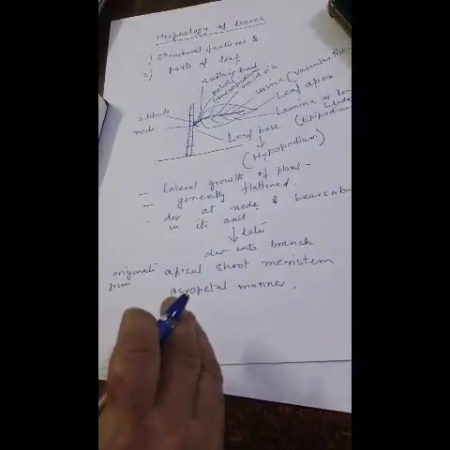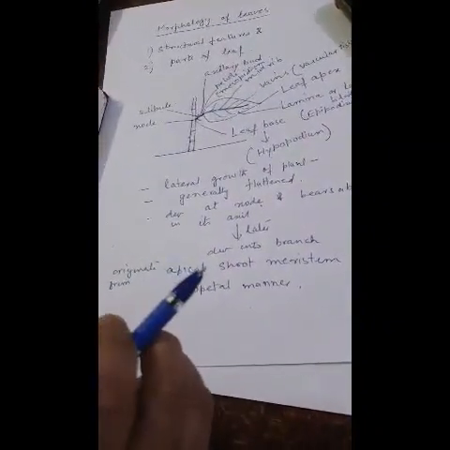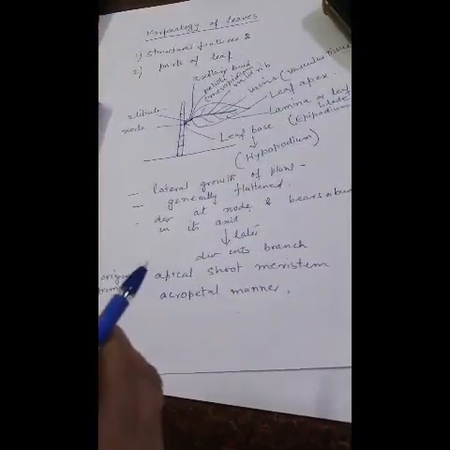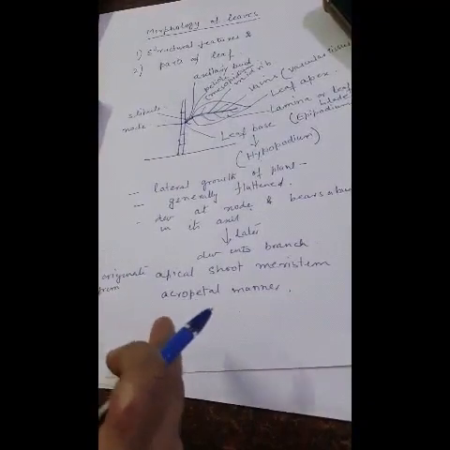So this type of arrangement is known as acropetal order arrangement, that new leaves are at the apex whereas older are at the base.